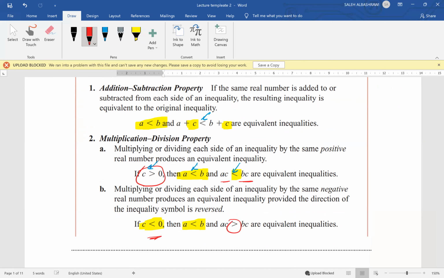So if we multiply or divide by a negative number, then we have to reverse the sign of the inequality. If it is less than, we will have a greater than. If it is a greater than, we'll have less than. So multiplying the inequality by a positive will not change the sign of the inequality, but multiplying or dividing by a negative number, we have to change the sign of the inequality.